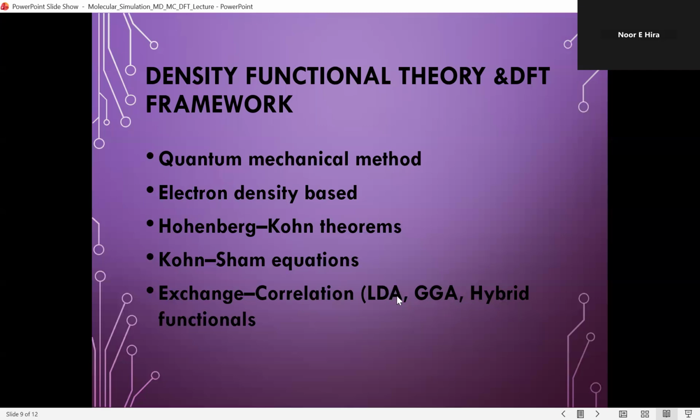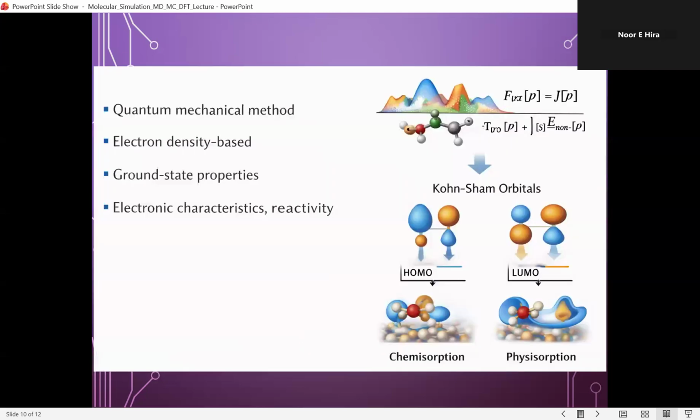We will implement these, and you will understand how important their selection is. So what we have learned is that DFT is a quantum mechanical method, and it is electron density based. Previously, the first one was time based, and the second was random sampling with energy involved. Here, ground state properties are involved, such as electronic characteristics and reactivity.